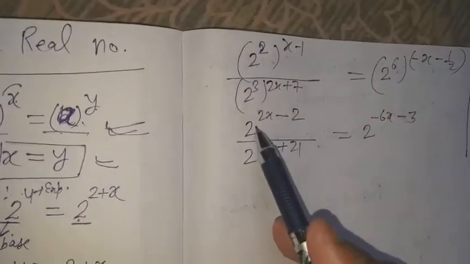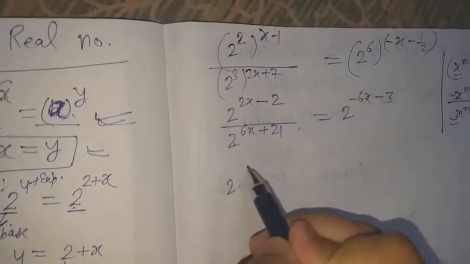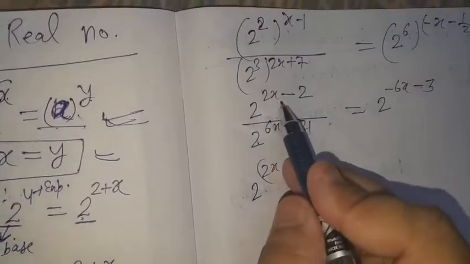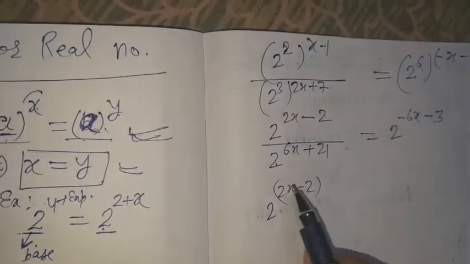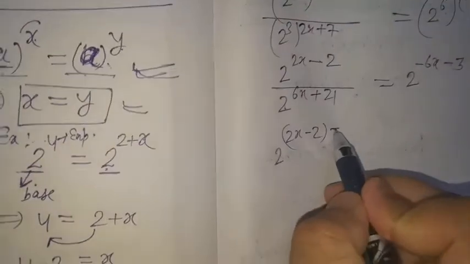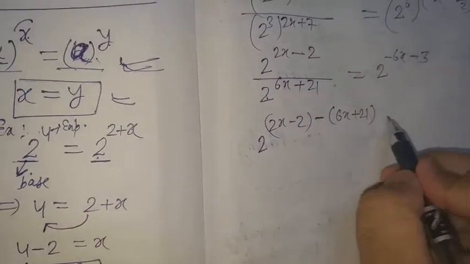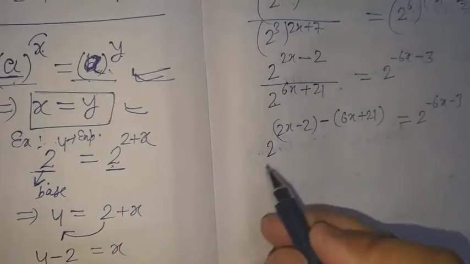Now here you can apply this formula. The base is the same, but it is in the form of division. So in 2 to the power 2x minus 2, this whole term is m, and this is n. So this becomes m minus n. So 2 to the power 2x minus 2 minus 6x plus 21 is equal to 2 to the power minus 6x minus 3.